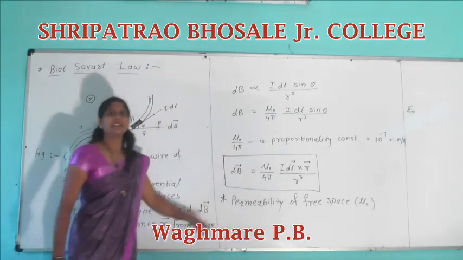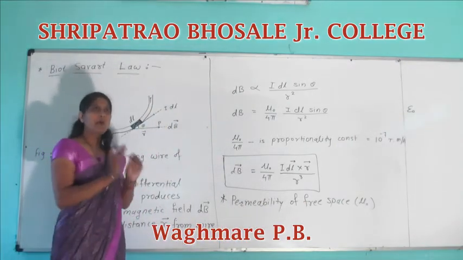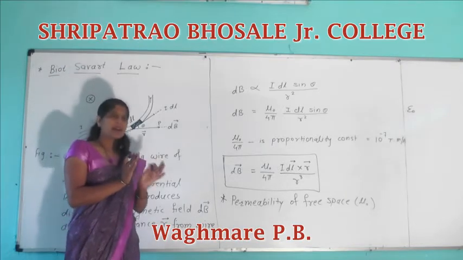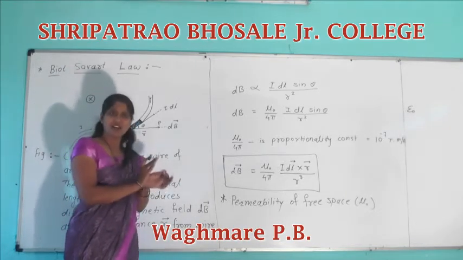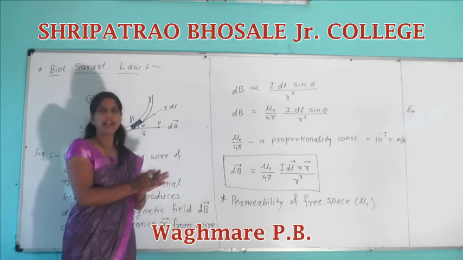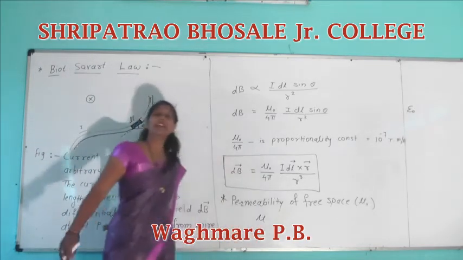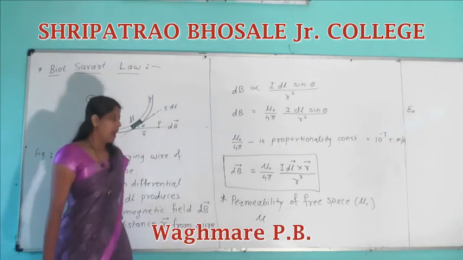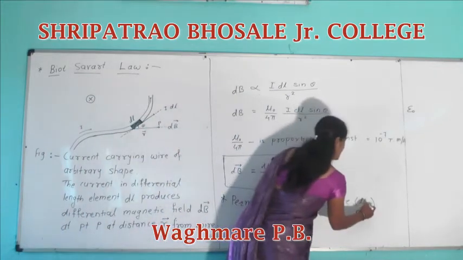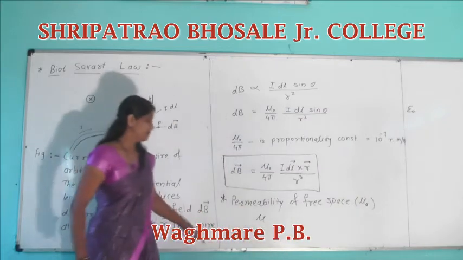Permeability of free space: when we take the permeability of any material, we call it mu, the permeability of the material, and mu naught is the permeability of free space.